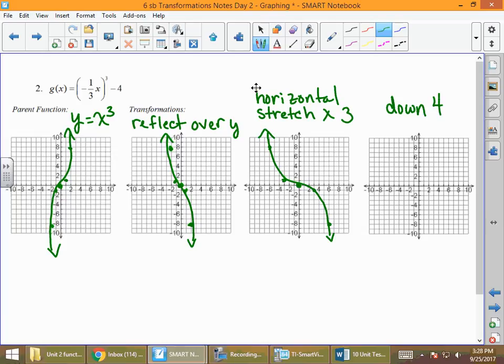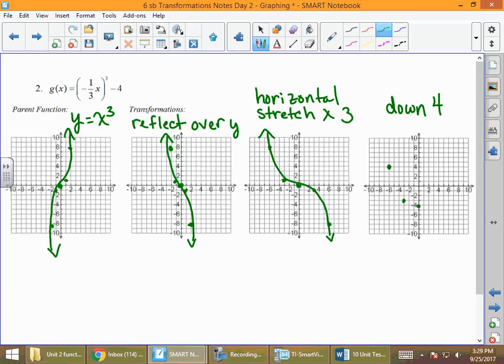That means that we're going to have a point that's going to go off the graph, but we're just moving these points down. So negative 6, 8 becomes negative 6, 4. And negative 3, 1 becomes negative 3, negative 3. And 0, 0 becomes 0, negative 4.